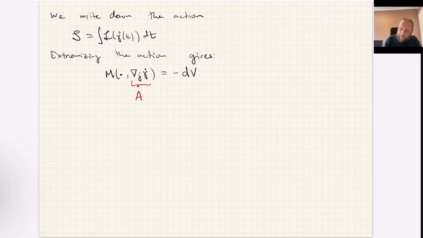So this is essentially just a generalization of Newton's second law. So essentially you have mass times acceleration is minus the derivative of the potential. You could of course define this as F. F would be a dual vector. Okay, any questions on that?